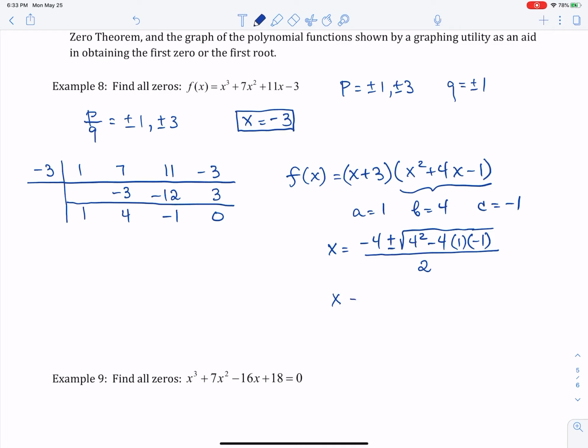Okay, so x is equal to -4 plus or minus, 4 squared is 16, and -4 times -1 is +4, so altogether we have the square root of 20 under the root, over 2. And the square root of 20 is the same as the square root of 4 times 5.